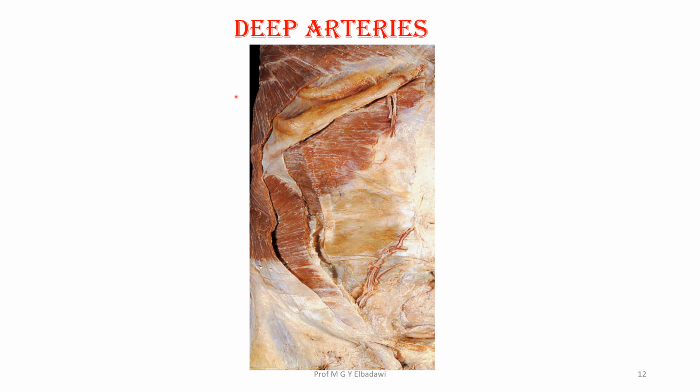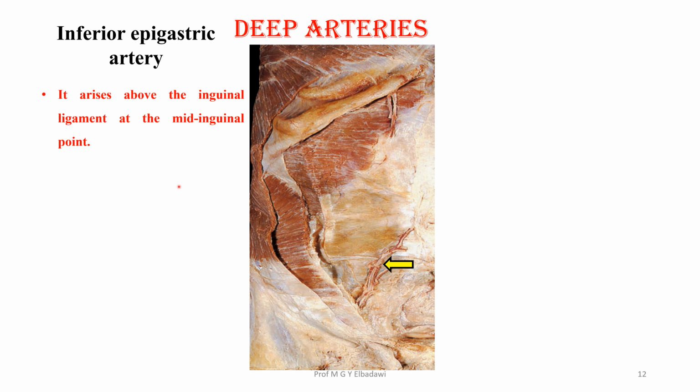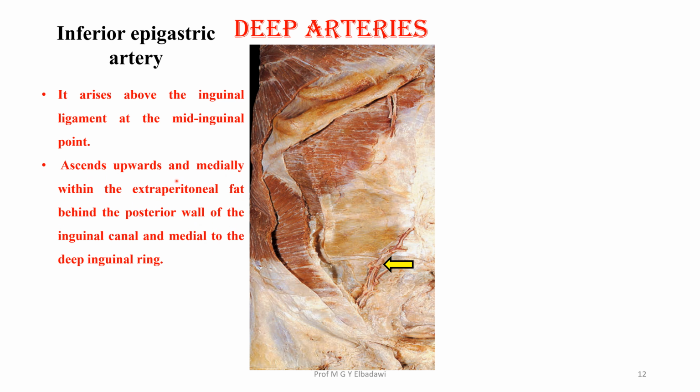Let's start with the inferior epigastric artery, which is the most important one of the 4 arteries. That is the inferior epigastric artery here. It arises above the inguinal ligament at the mid-inguinal point from the external iliac artery.